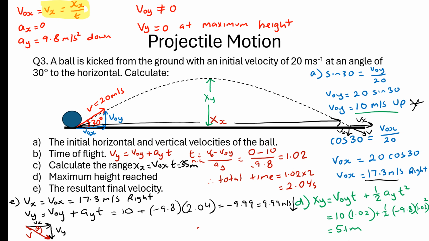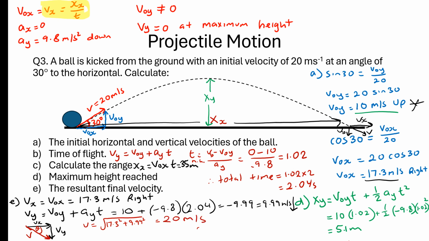V equals the square root of Vx squared plus Vy squared, so 17.3 squared plus 9.99 squared, and we get 19.98. I will just round it to a whole number, which equals 20 meters per second.